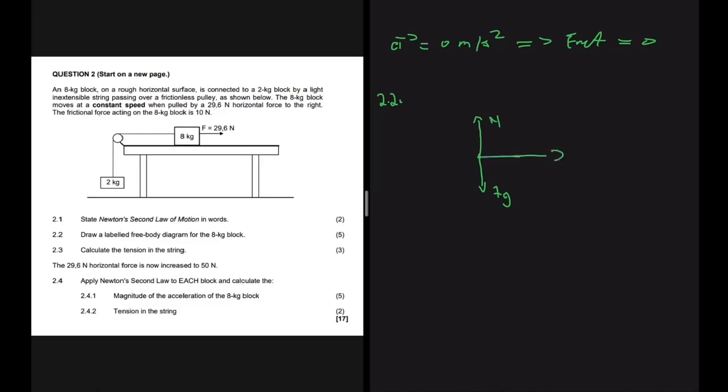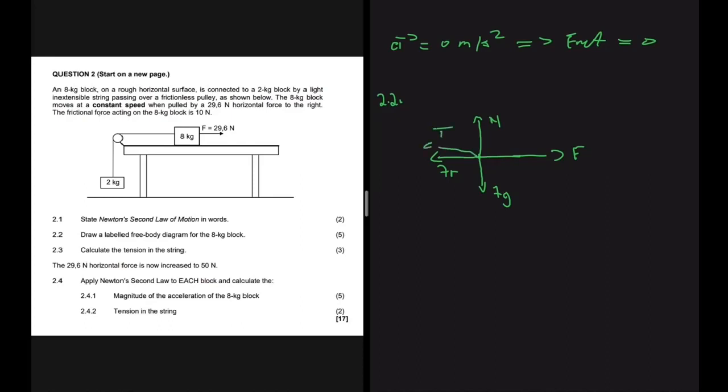And then we have our applied force of 29.6 Newton, so I'm going to put that there. They say that friction is acting, so we're going to have Fr. It is also connected to a 2 kg block through a string, so we have tension, right?